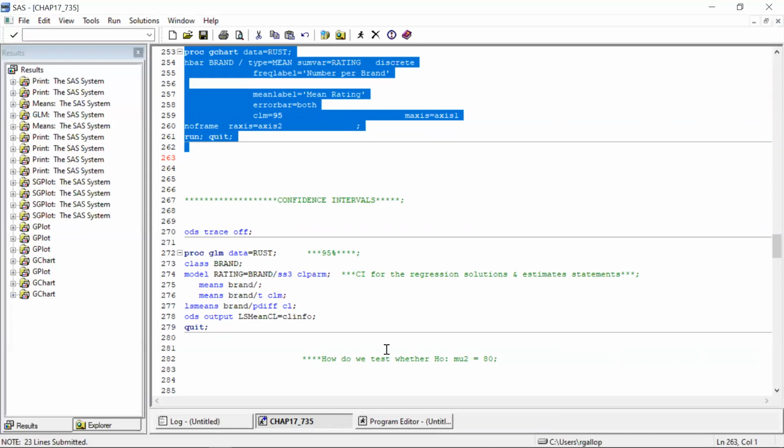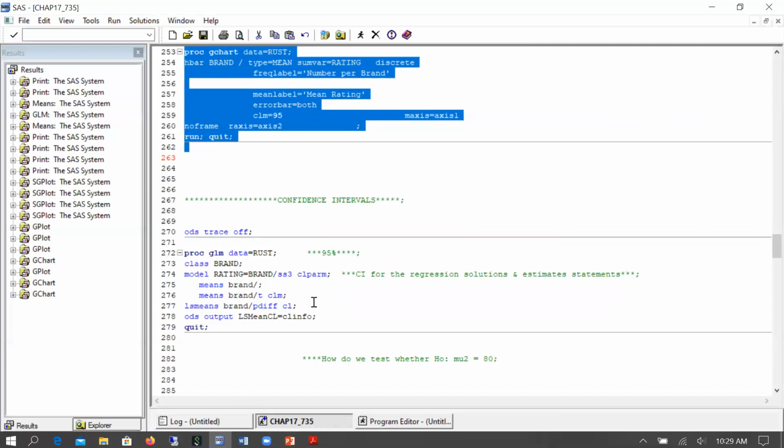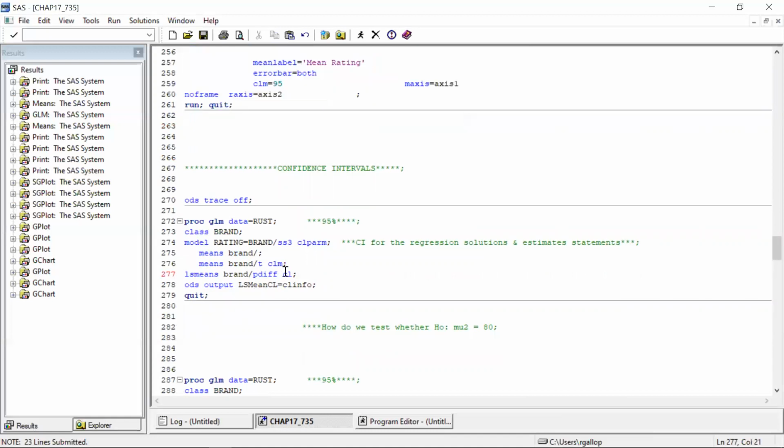When we ask for the confidence intervals, we saw last video a little of the LS means option. Well, in this case, we're going to extend this a little bit more. What I'm going to do here is we're going to do two things, extending our code.